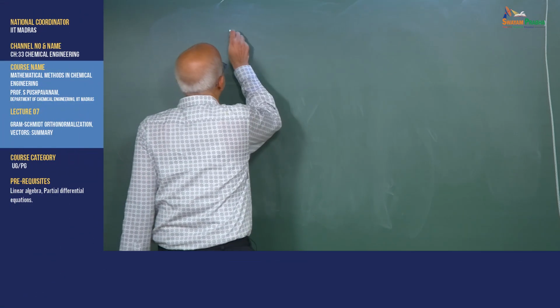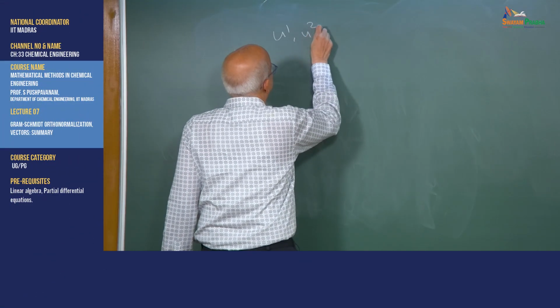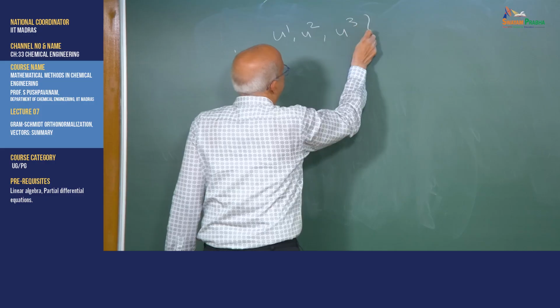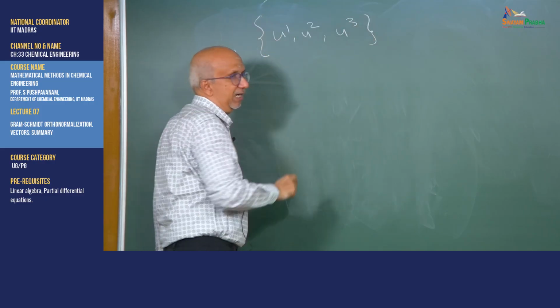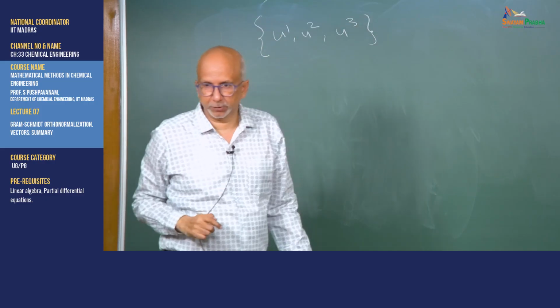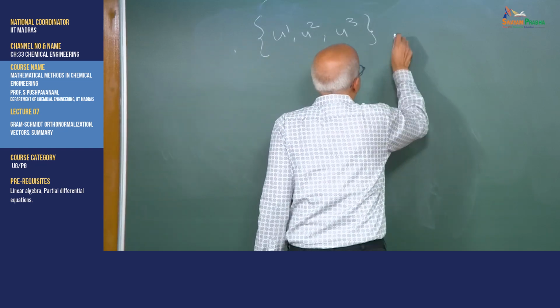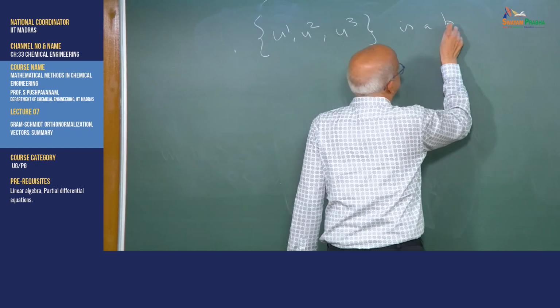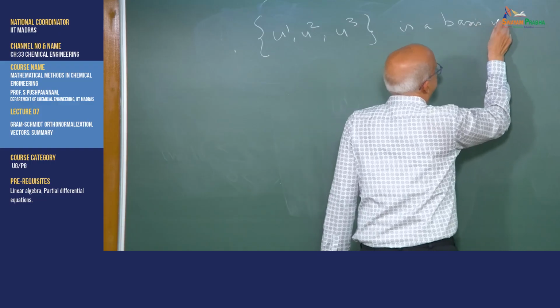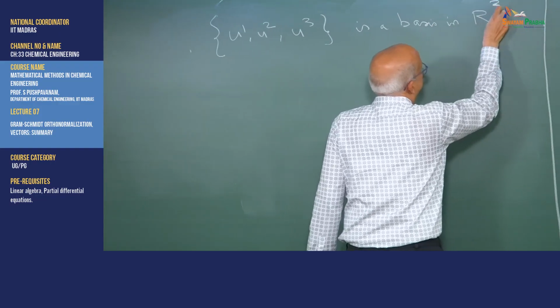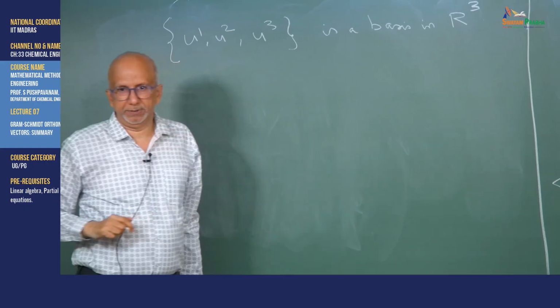Now, supposing you have U1, U2, U3. Let us say we are talking about R3 space. This is a basis in R3 and linearly independent.